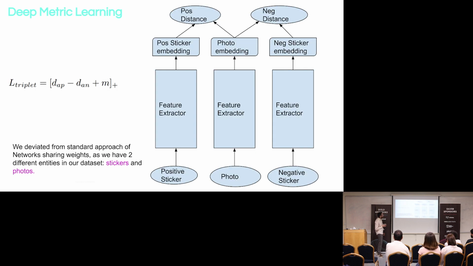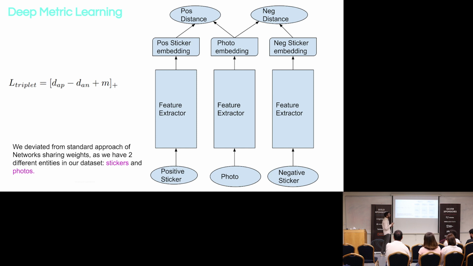Let's talk about deep metric learning. What we used here is called a Siamese network, and we copy the full network 3 times. We have 3 inputs: positive sticker, photo, and negative sticker.